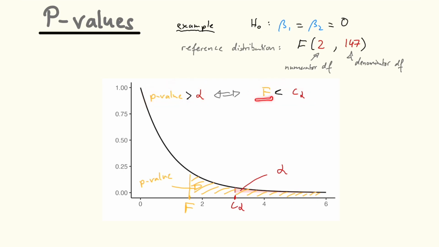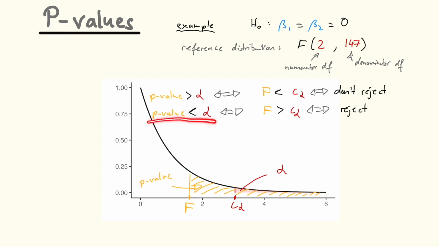Clearly, if the F statistic is smaller than the critical value, we don't reject. This means if the p-value is larger than alpha, we don't reject. By reversing the order of F and C alpha, we can show similarly that observing F larger than C alpha, which corresponds to a rejection, is equivalent to observing a p-value smaller than alpha. Therefore, observing a p-value smaller than alpha means that we reject.